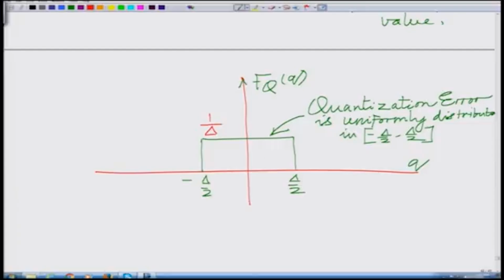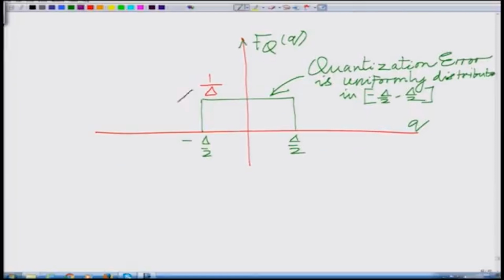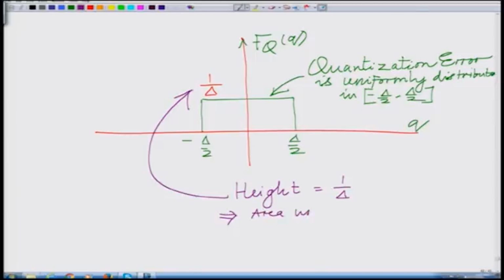So, the area under the PDF, that is the total probability, equals 1 over delta into delta equals 1, which is the property that a PDF satisfies.